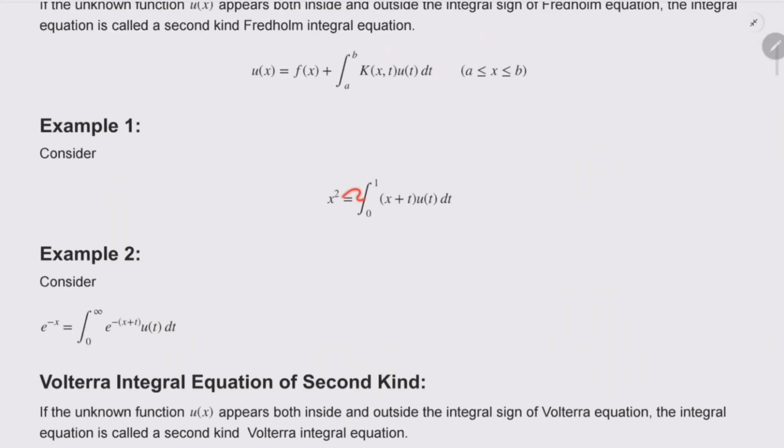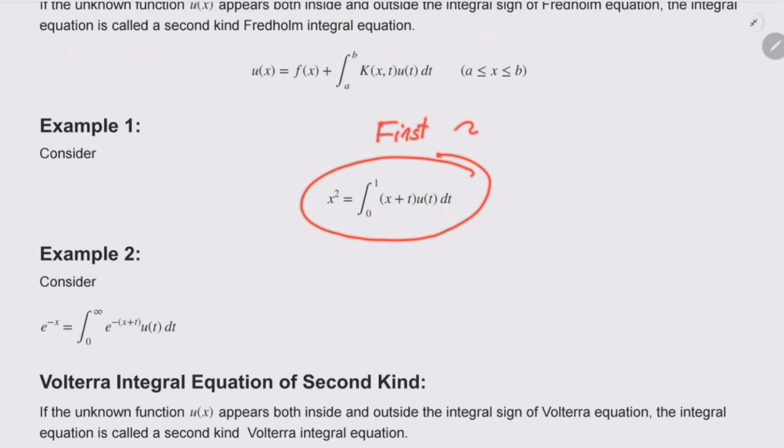For example, here you can see that we have a kernel and there is only one unknown, and then we have x square. But remember that this is not second kind. This is first kind.